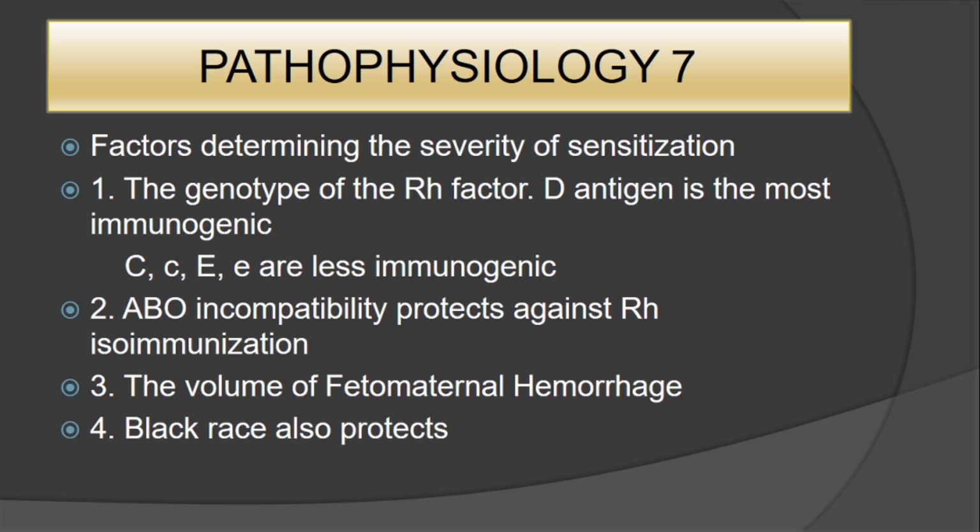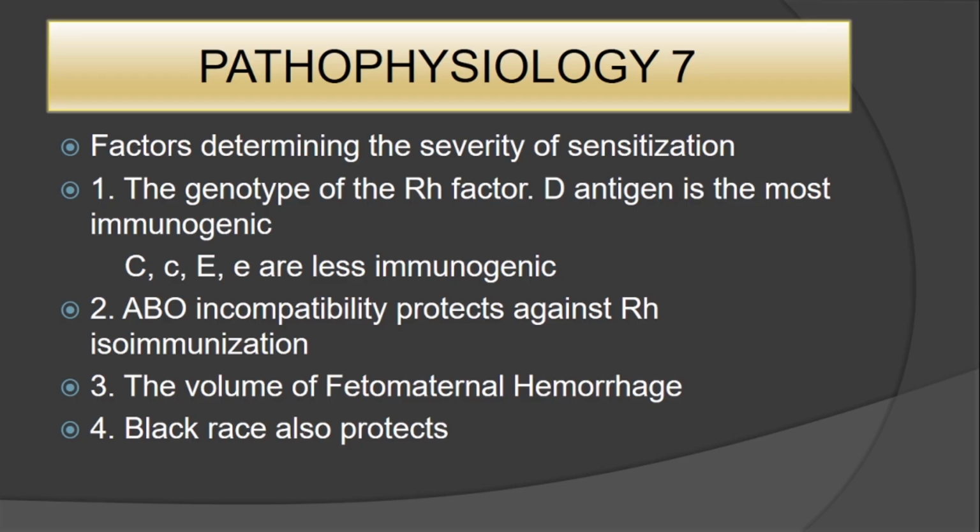Now, number 2 is ABO incompatibility. I mentioned before that there is the ABO blood group system. And under this ABO blood group system, we can have ABO incompatibility. And it has been found that the ABO incompatibility actually protects against Rhesus isoimmunization, because the ABO blood incompatibility will have removed some of the red blood cells that are Rhesus positive.